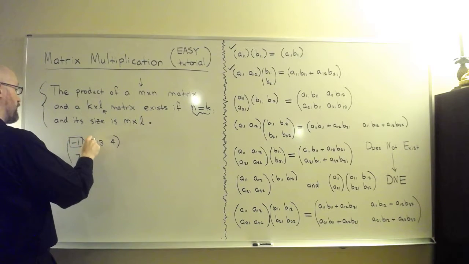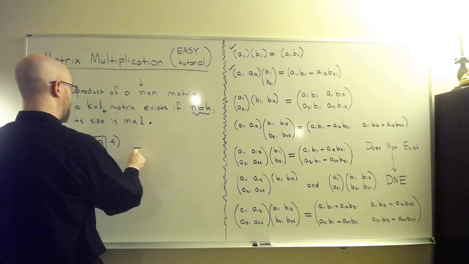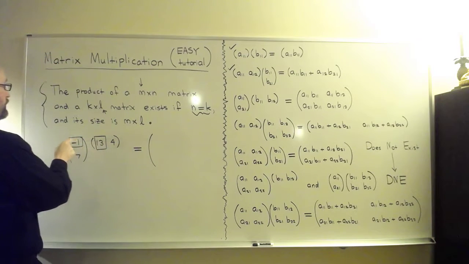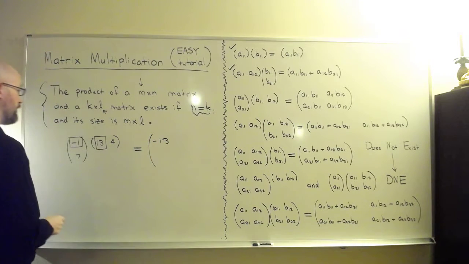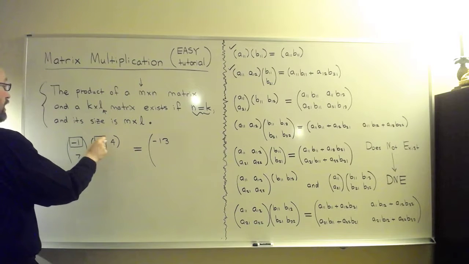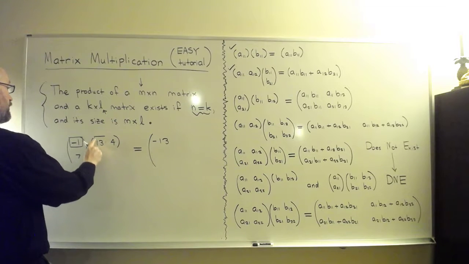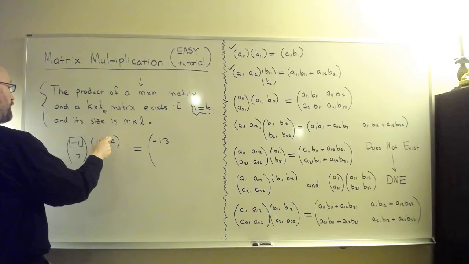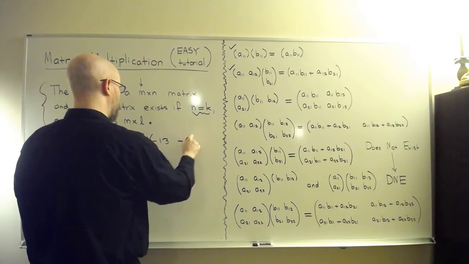I take the first row here, the first column here. So this is the top row, left column. This is going to give us a minus 13 here. I take the top row, the right column for this next one. So forget about this now. I'm taking this column here, minus 1 times 4, minus 4.